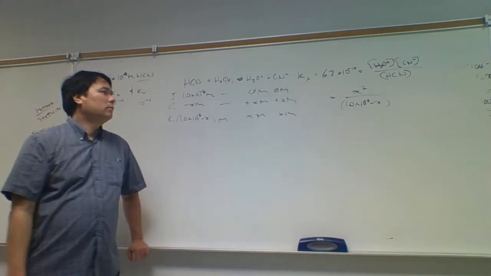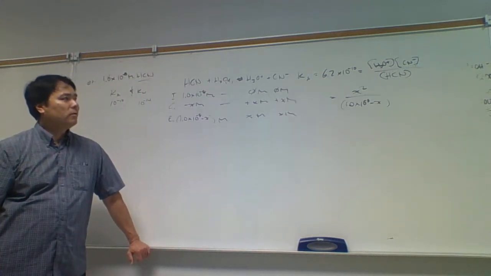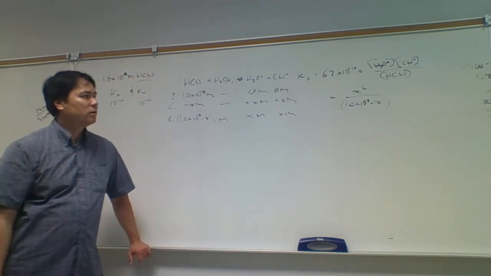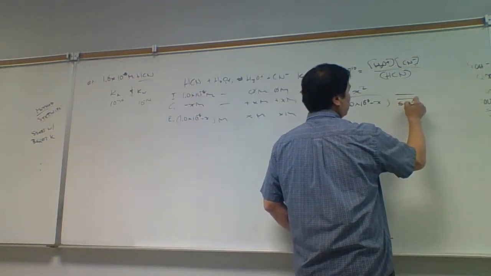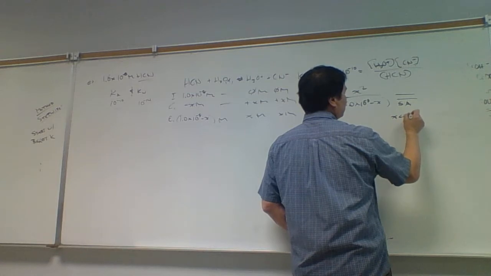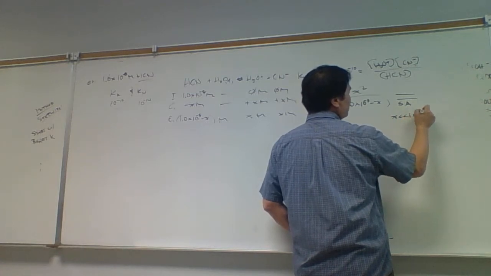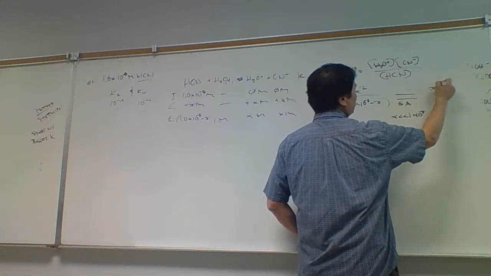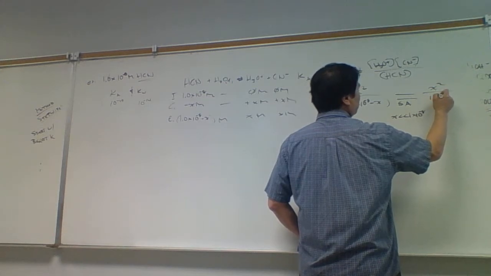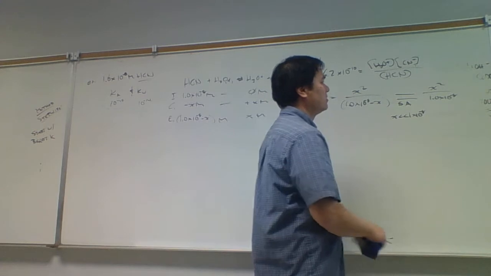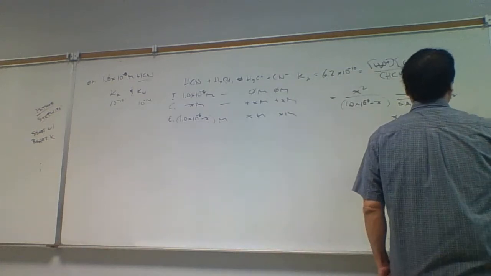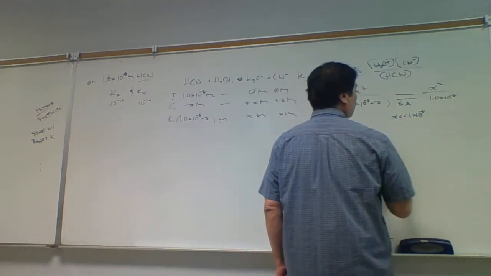So, although this doesn't look hard to get in a quadratic form, just try the simplifying assumption. See if that works. Simplifying assumption, we're going to say X is much smaller than 1 times 10 to the minus 8. If that's the case, then this should simplify into X squared over 1.0 times 10 to the minus 8. Even though 1.0 times 10 to the minus 8 is a very small number, go ahead and try it.